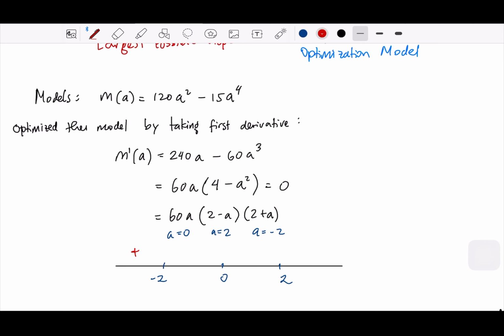And then between -2 and 0, maybe taking a is -1. -1 is 1, 3, but it's negative, so multiply with negative. So we check the m prime, okay? And then 0 to 2, we take 1, it is positive, all positive, nothing wrong with that. Then 3: 4 minus 9 is negative, negative times positive is negative. Okay.